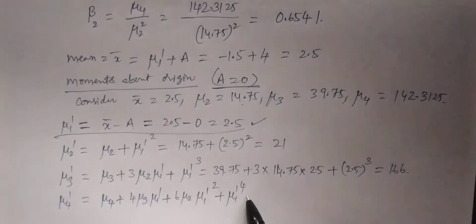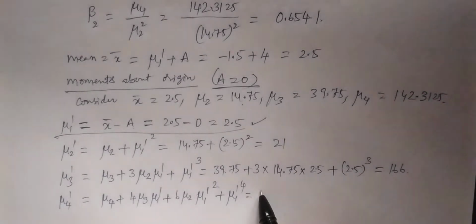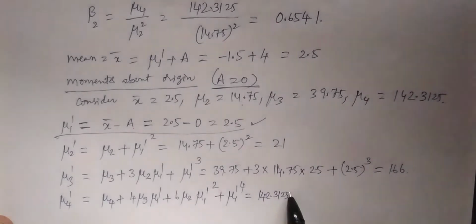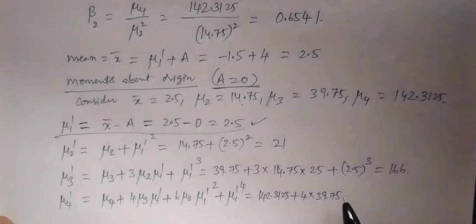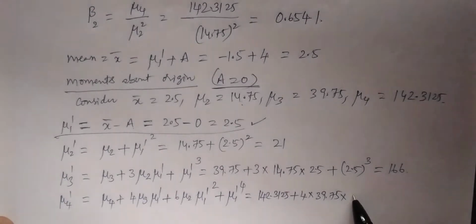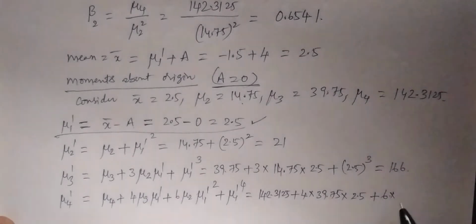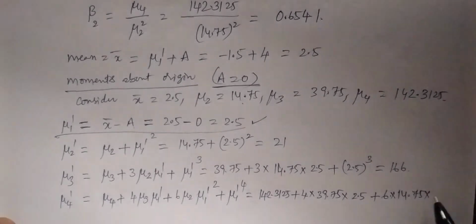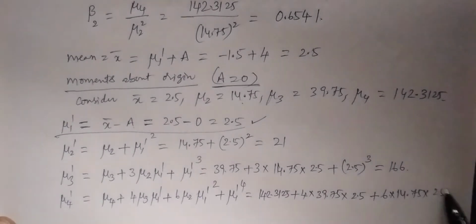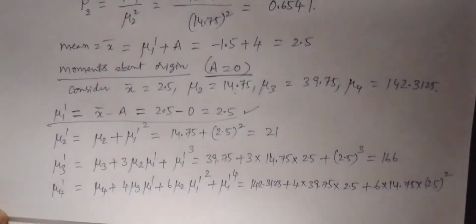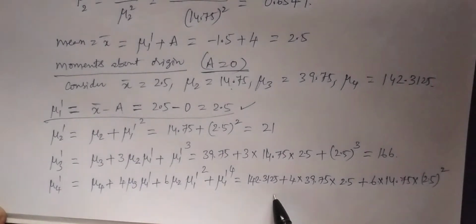Substituting the values: mu4 is 142.3125 plus 4 into mu3, which is 39.75, multiplied by mu1 dash, 2.5, plus 6 multiplied by mu2, which is 14.75 (mu2 is not 21), multiplied by mu1 dash square, that is 2.5 whole square, plus mu1 dash power 4, 2.5 whole power 4.